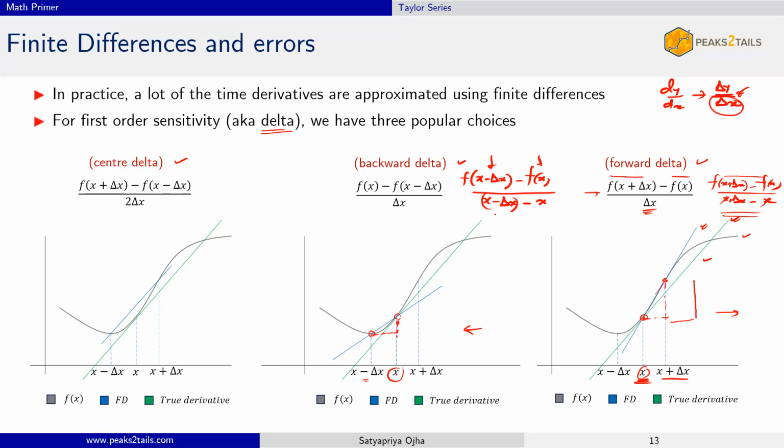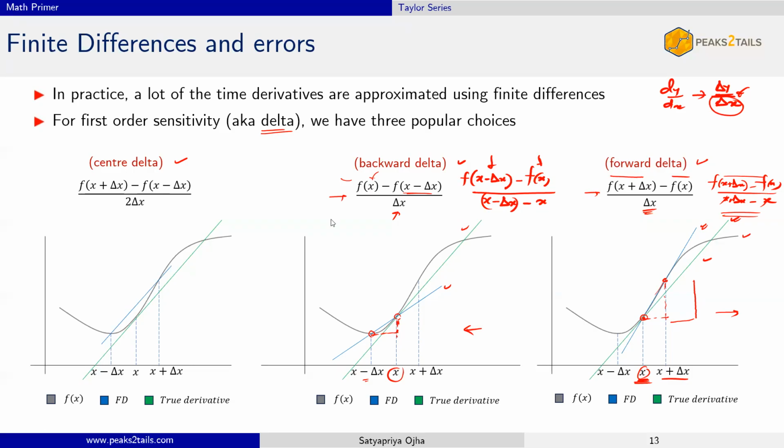So in the denominator, it actually is minus delta x. Sometimes you see this form, where you change the order in the numerator and keep this one positive. Same thing. Instead of writing this first, you write f of x minus f of x minus delta x divided by delta x. This is called backward delta. And you can see the divergence between the green line and the blue line. It's a little different, right?